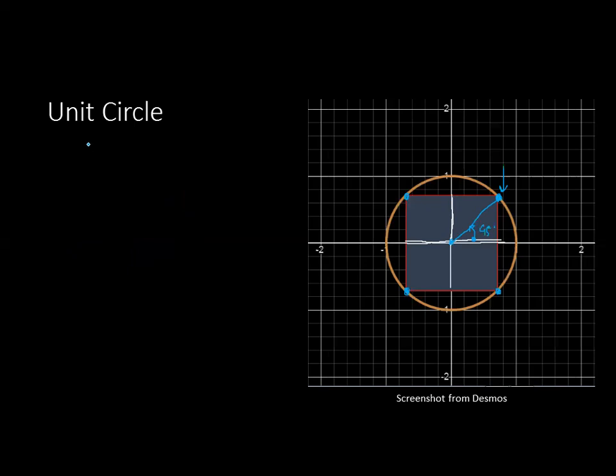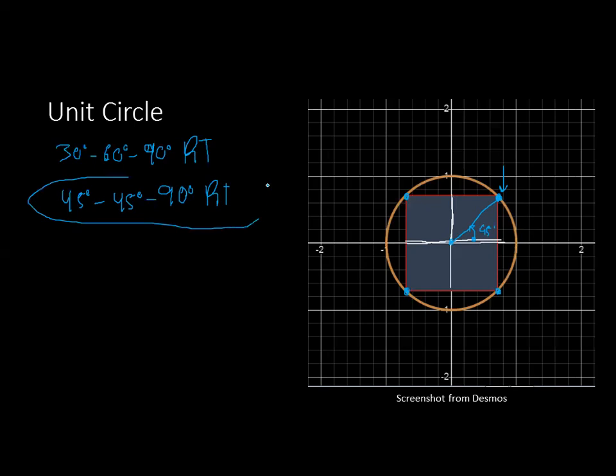Let's recall that there are two special right triangles: the 30-60-90 right triangle, let's just put it as RT in short, and the 45-45-90 right triangle. These two right triangles give us the exact value of each side. Here, we're going to focus on this one.